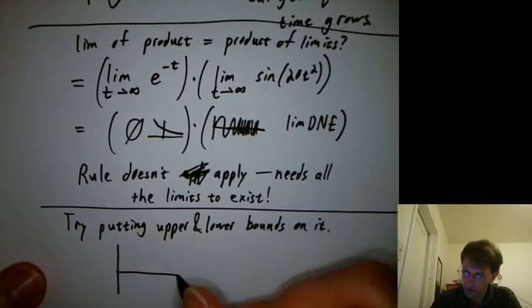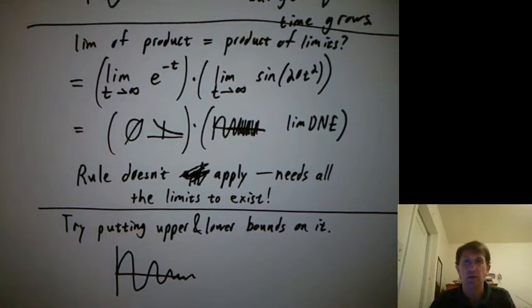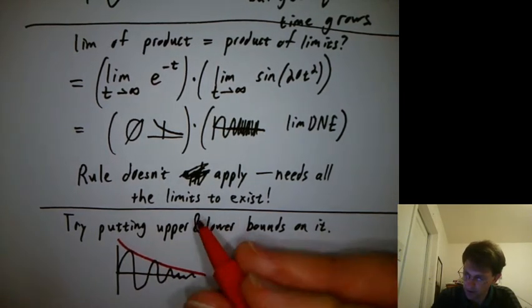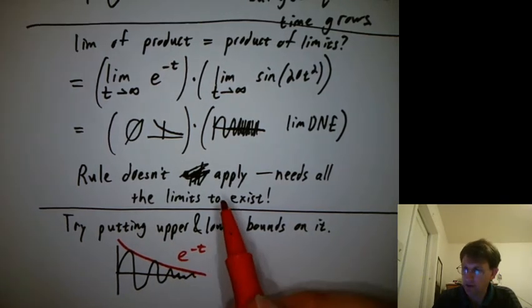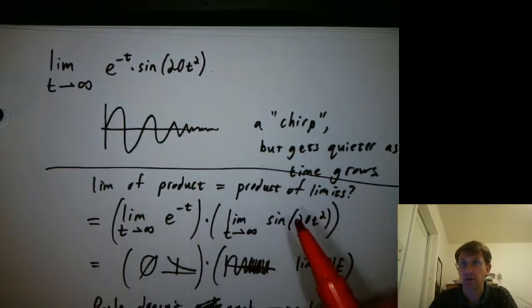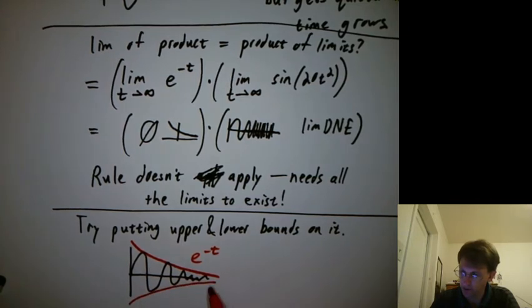So we can draw our curve again and say what function is always on or above that? Well, e to the negative t, because this is e to the negative t times something that's always between plus or minus 1. And what function is always below the curve?